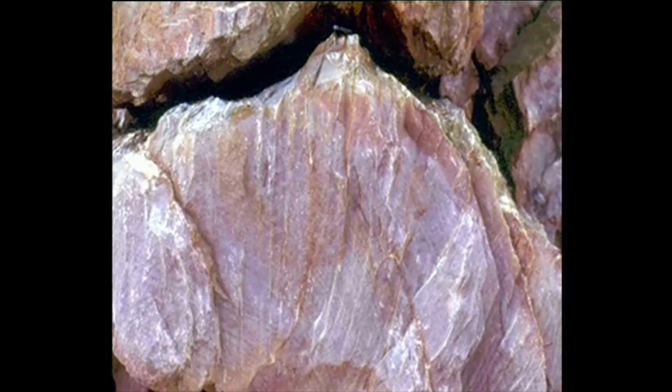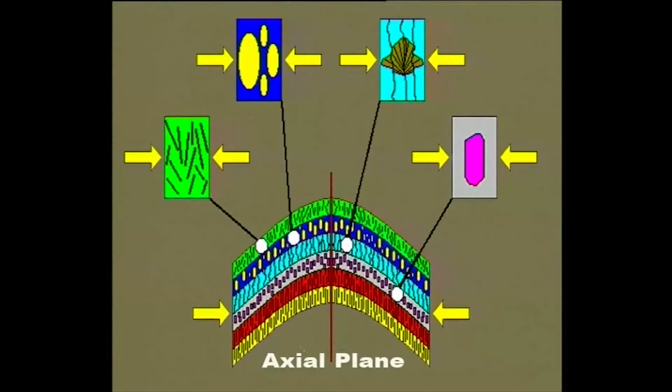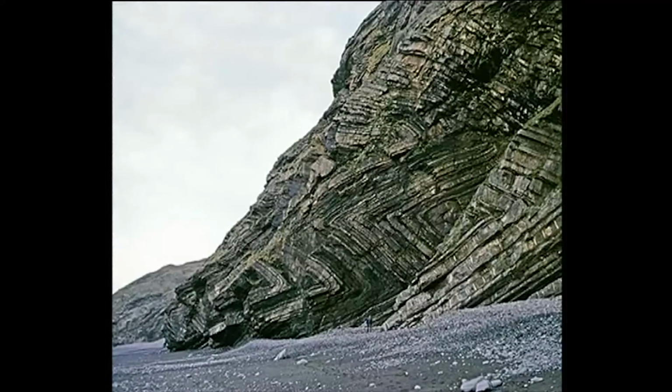The relationship between the axial plane and the fold is this, that the acute angle seen on the profile section between the axial planar cleavage and the bedding opens up in the direction of fold closure. Thus, even if the closure of the major fold hinge is not observed in the field, we can find out the sense of closure by noting the direction in which the acute angle between the axial plane cleavage and the bedding is closing.